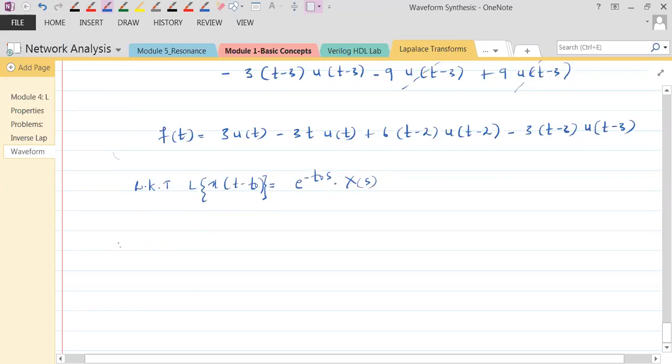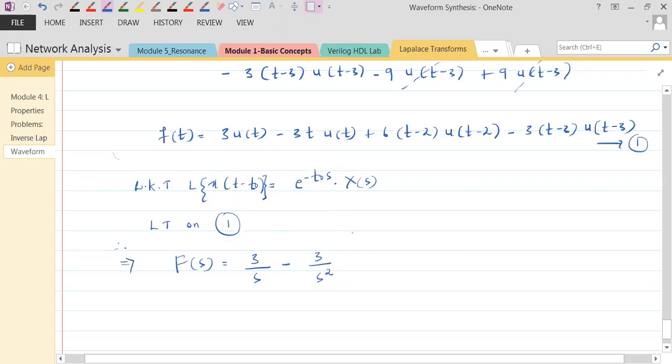Okay, so therefore Laplace transform on, call this as equation number 1. Okay, on 1 implies what? F of s is 3 by s, because Laplace transform of u of t is 1 by s, minus 3 by s square, because Laplace transform of t is 1 by s square.